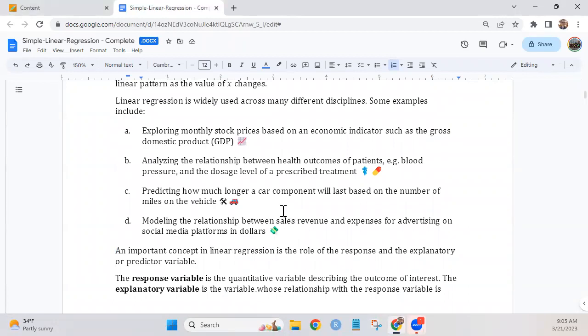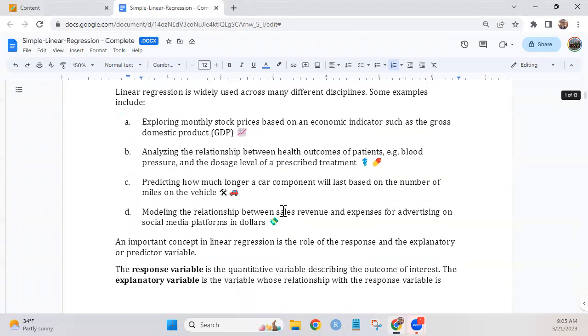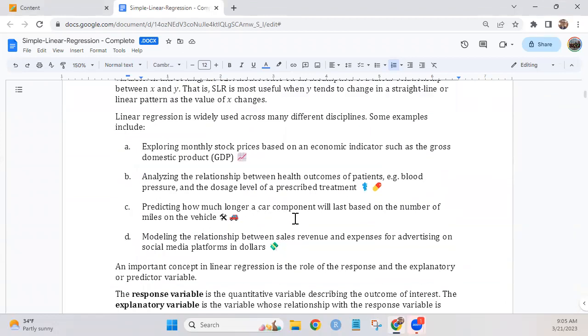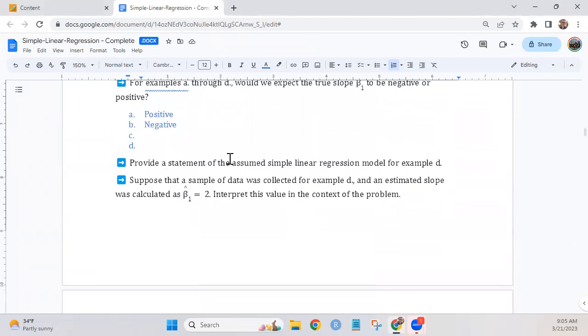And then what about mileage on a car related to the lifespan of a car part, how long it will last? Negative as well, right? The more miles we have on the car, the shorter we expect a car component will last. So it's also negative.